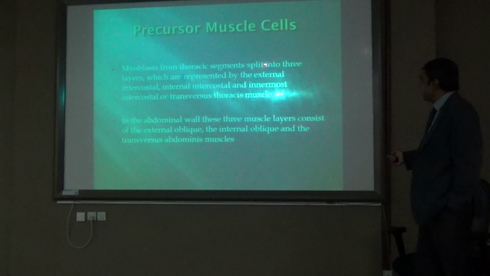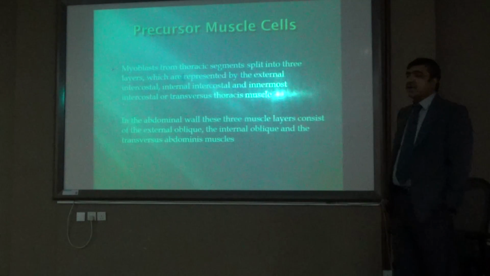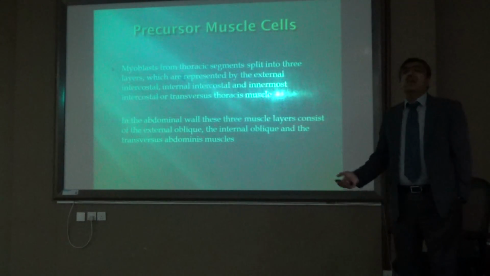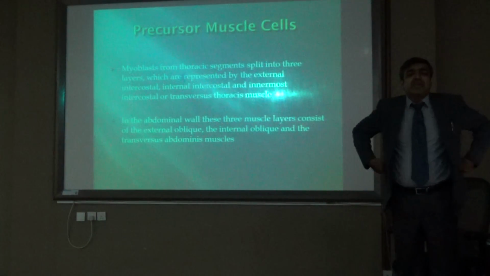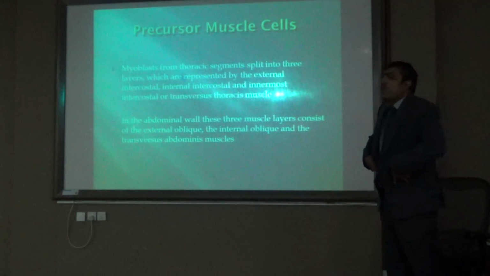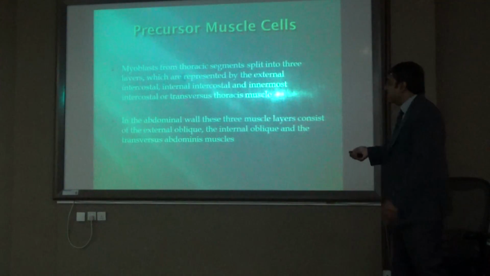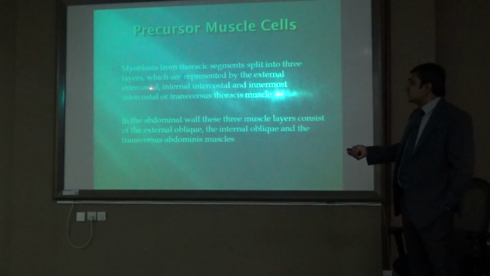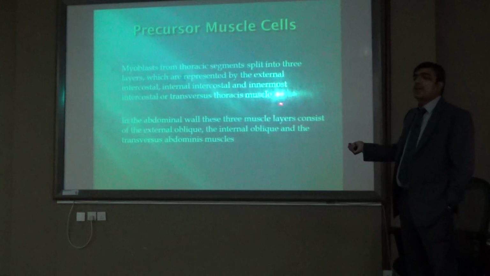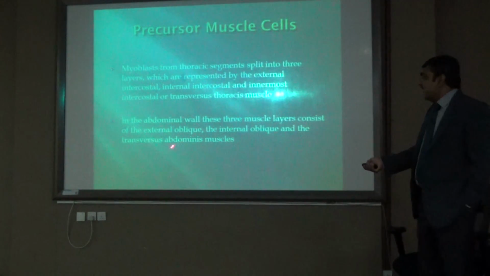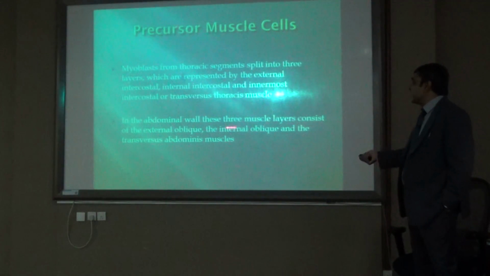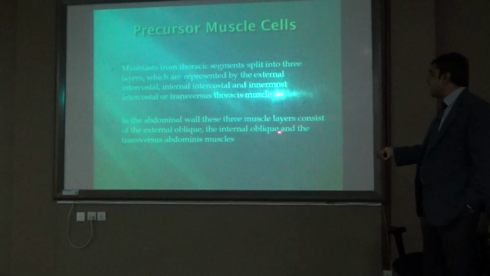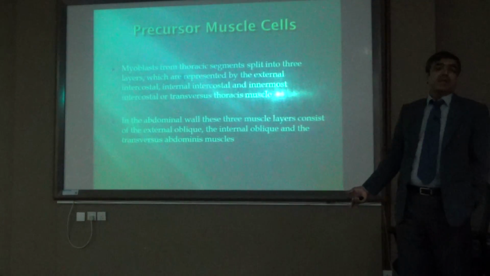Myoblasts from thoracic segments split into 3 layers. This is the same layer of muscles which is also present in the abdominal wall or the flank. In the thoracic region, these 3 muscles are represented by external intercostal, internal intercostal and innermost intercostal. In the abdominal wall, these 3 layers consist of external oblique, internal oblique and transversus abdominis.